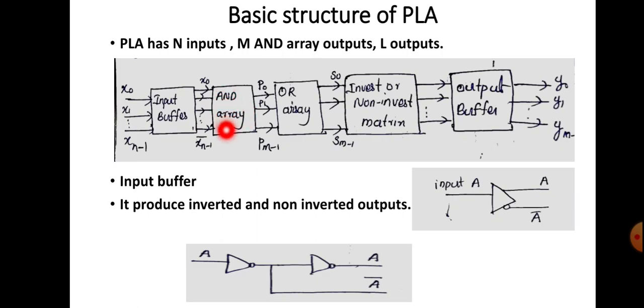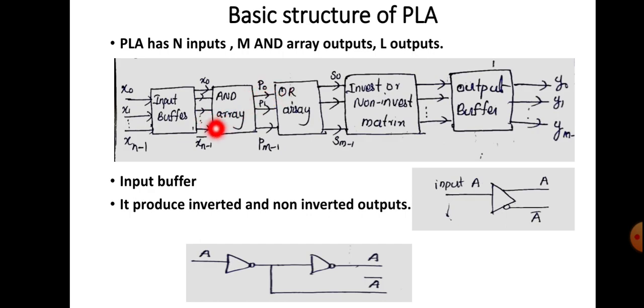So what is the function of this AND array? It will give you the product terms based on our equation. Suppose we have the equation AB plus AC. It is an SOP form, where AB is a product term and AC is another product term. In the AND array, A and B inputs are multiplied, and we get the output AB, which corresponds to P0.